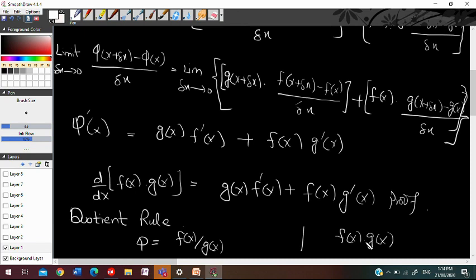So there is no need to worry about all these theorems. These are very simple, and you just have to follow the four main steps of finding the derivative by the ab initio method or first principle method.